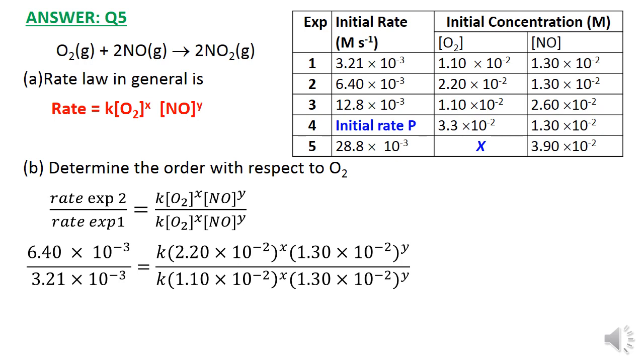So 6.40 times 10 to the power of minus 3 is the rate for experiment 2, divided by 3.21 times 10 to the power of minus 3, the rate for experiment 1. Then you can substitute the concentrations of O2 and NO of experiment 2 and experiment 1.